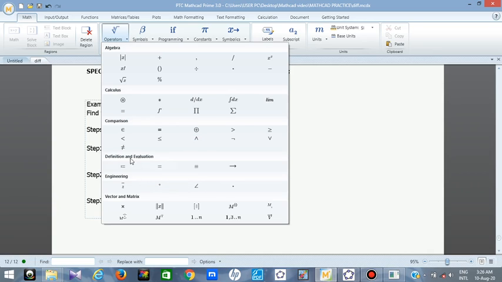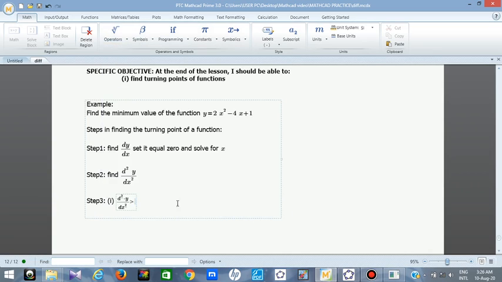If it's greater than 0, then the function has a minimum value. So this is the first condition in step 3.